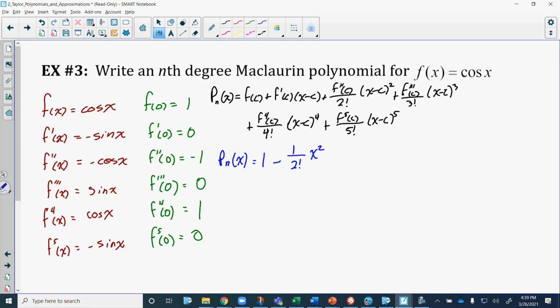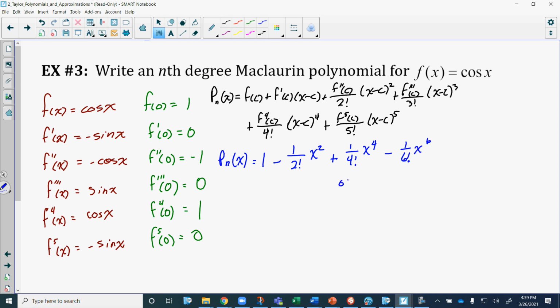The next term that we get is going to be our fourth degree portion, which is going to be a positive 1 over 4 factorial times x to the fourth. And we don't have it continuing, I only did it out to the fifth degree, but if I wanted to continue, the next one would be negative, and that would be 1 over 6 factorial times x to the sixth.